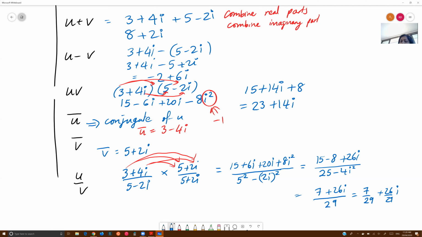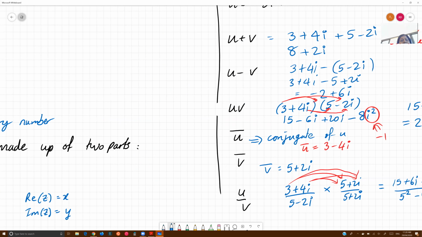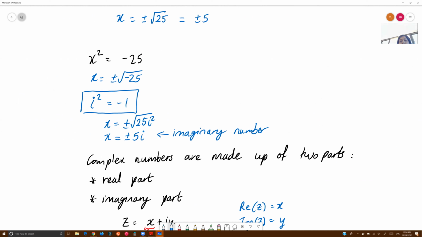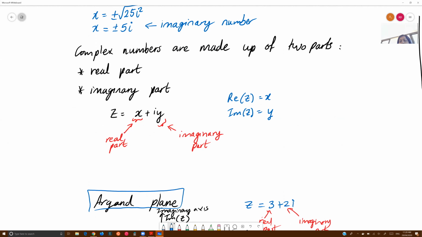Okay, so this is what we have for today. To summarize again what we have learned: by definition, i squared is negative 1. So if you're square rooting a negative number, we replace negative 1 with i squared, and then we square root. A complex number has two parts, real part and imaginary part.